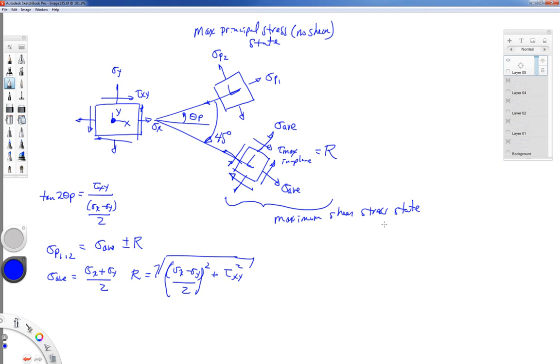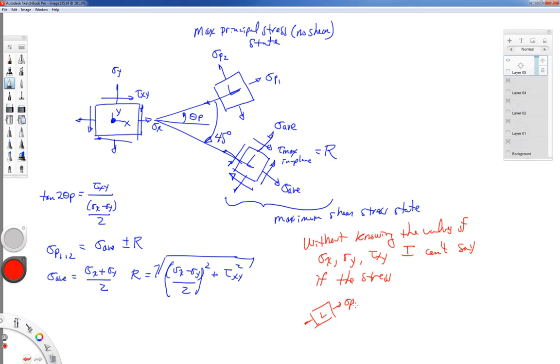The one last point I want to say again, maybe I should write this down, is that without knowing the values of sigma x, sigma y, and tau xy, I can't say if the stress state is this being sigma P1 and this being sigma P2, or if the stress state is this being sigma P2 and this being sigma P1, where sigma P1 is the average plus R, sigma P2 is the average minus R. I can't say that without knowing those numbers.